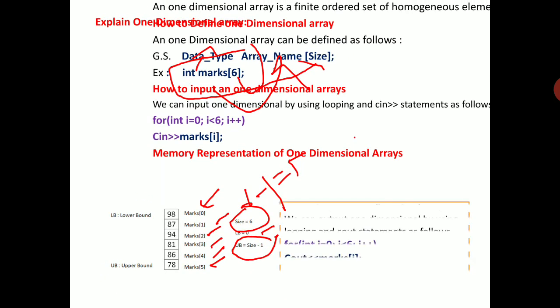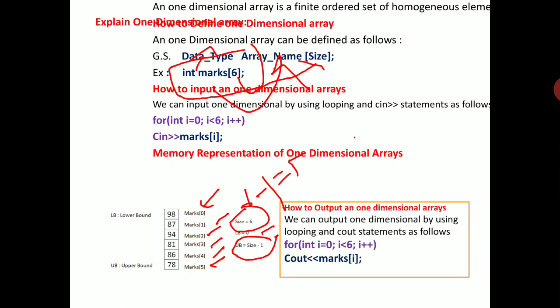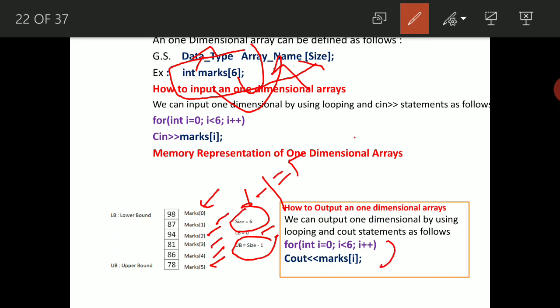Then how are we going to output? Very similar to the way you have inputted an array, in a similar fashion we can output a one dimensional array by using looping and cout statement. You can see here i equal to 0. When i is 0, then marks[0], that means 98, is going to be displayed on the screen. Then the i value increments. Now what happens? The i value becomes 1.